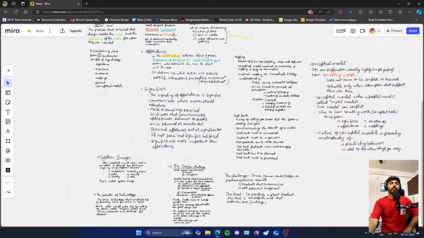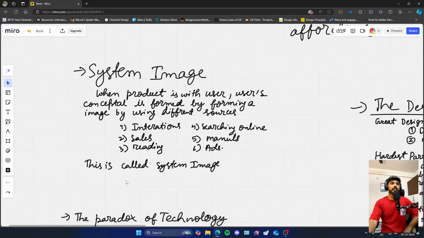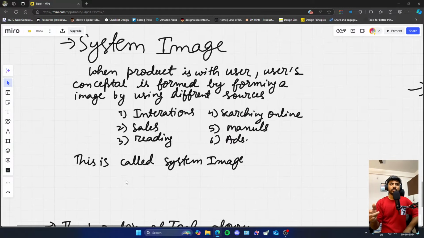So that's the main five concepts, and then we'll go to system images. When a product is used by a user, the user forms his own understanding of the product, which need not be the same as the conceptual model in the designer's mind. Now, the designer is not in contact with the user, and the product has to work away from the designer.